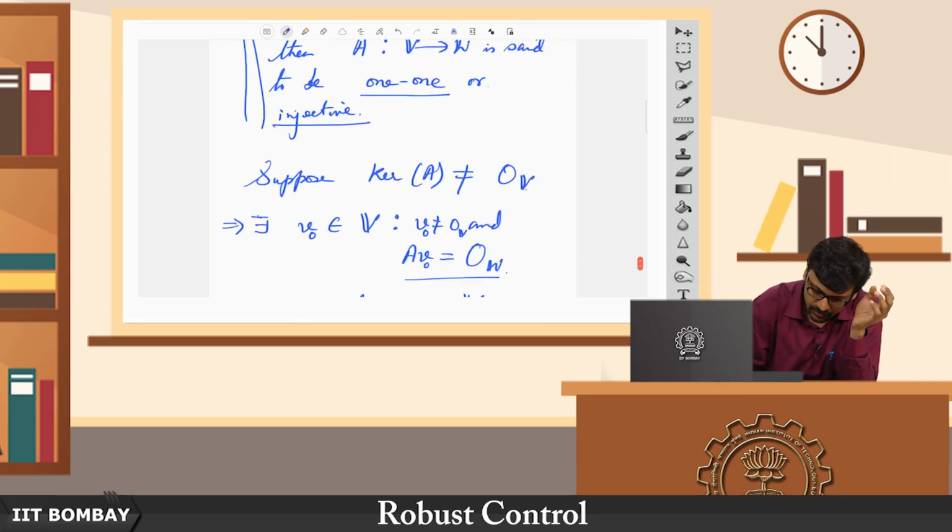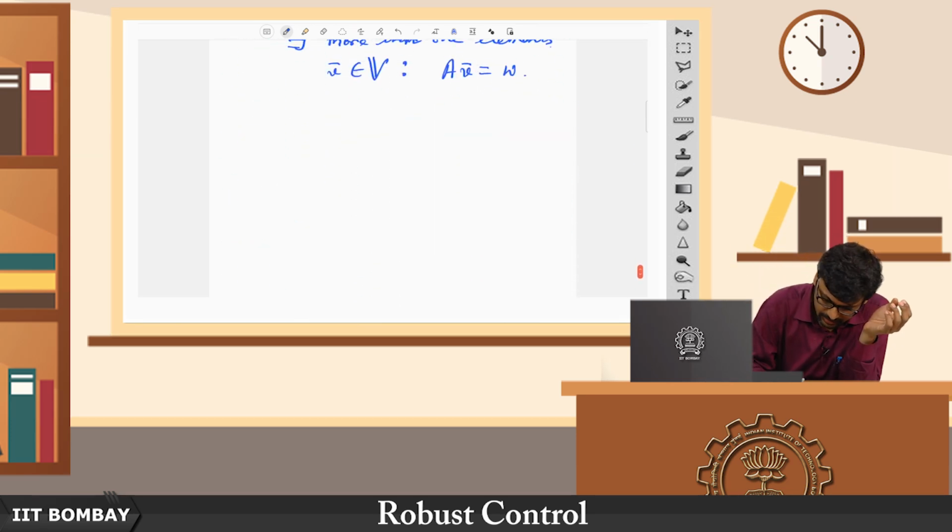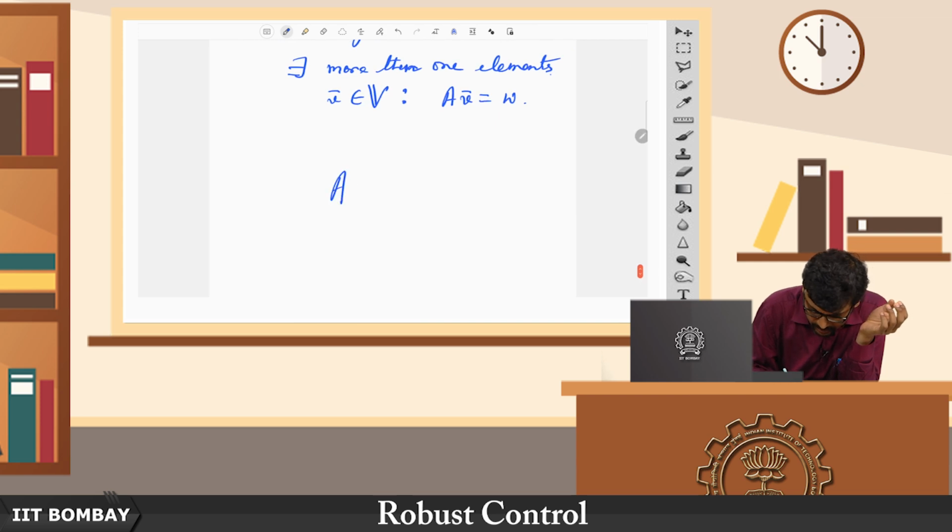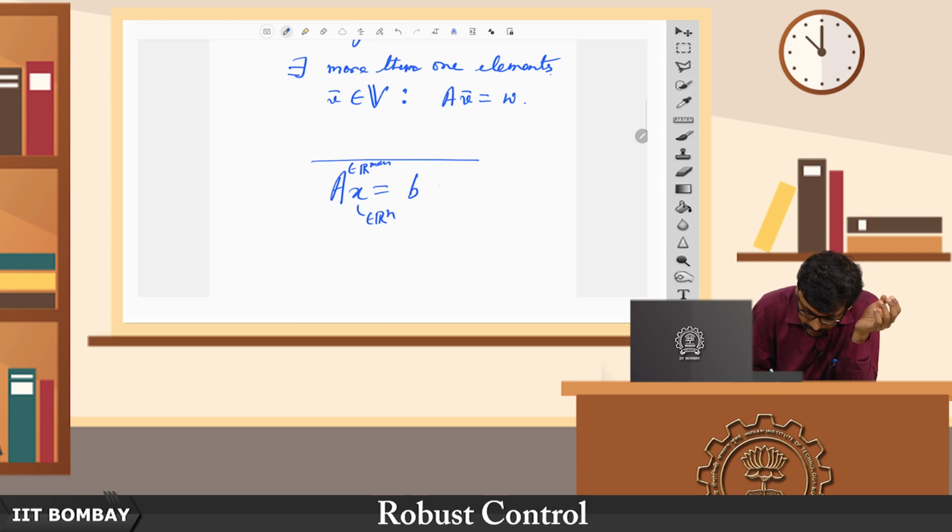Now I am going to take a brief digression. Suppose I am talking about the matrix theory case. So A is a matrix, let us say in R^(m×n), x is an unknown in R^n, and b is a known vector in R^m.